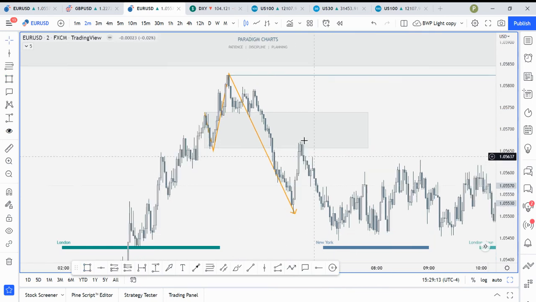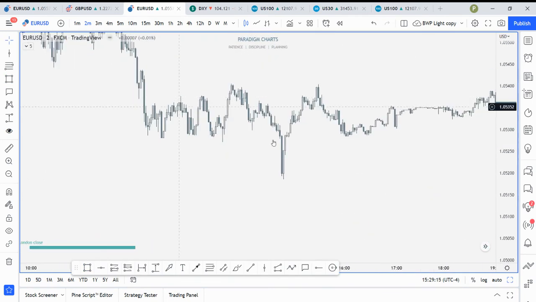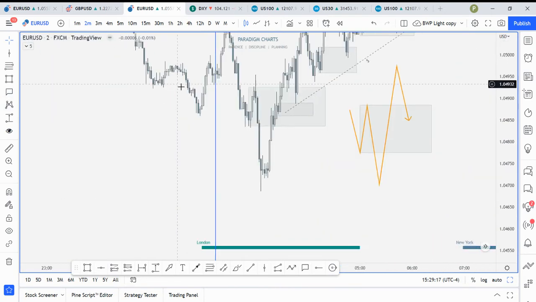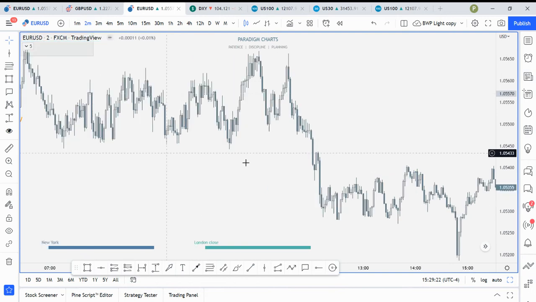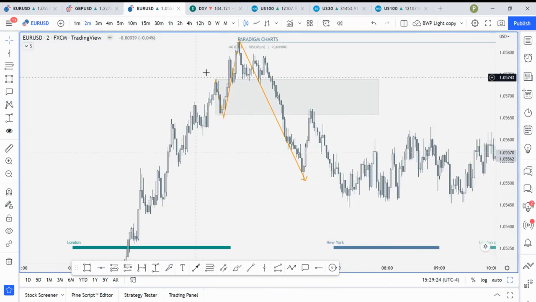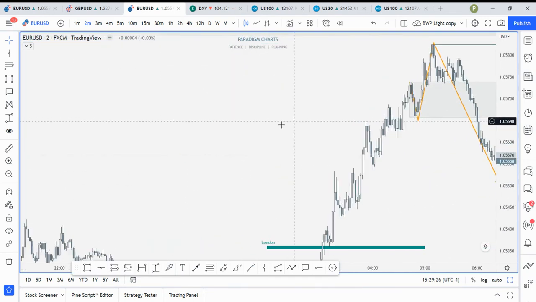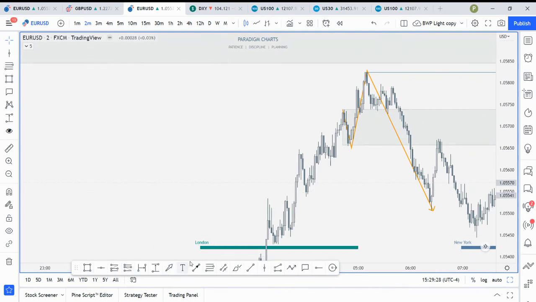Price taps into it and then sells off. You can see it sells off. Okay, so that's breaker. Now mitigation block is when there is a swing failure.